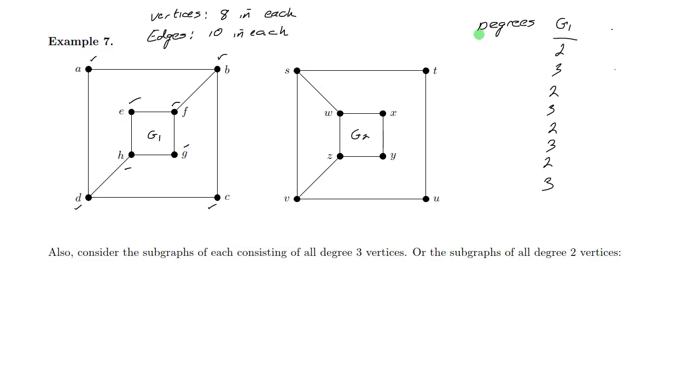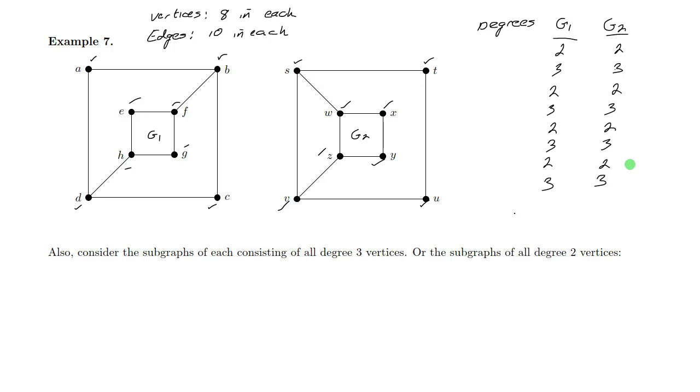And if we look at our second graph here, we've got a degree 2 and a degree 3. I'll write these out in an order that kind of matches these up. I've got a degree 2 over here, and a degree 3, and then a degree 2, a degree 3, a degree 2 right here, and another degree 3 right here.